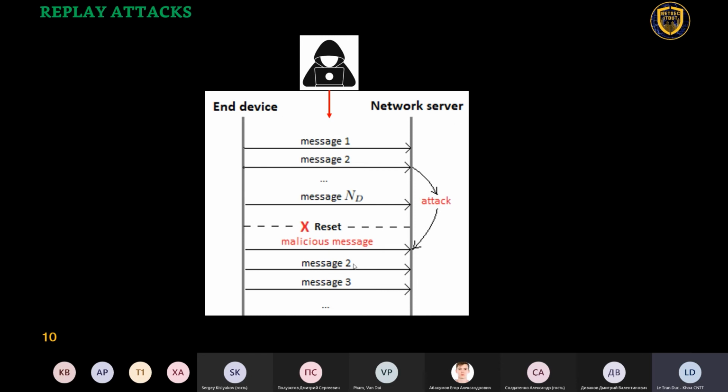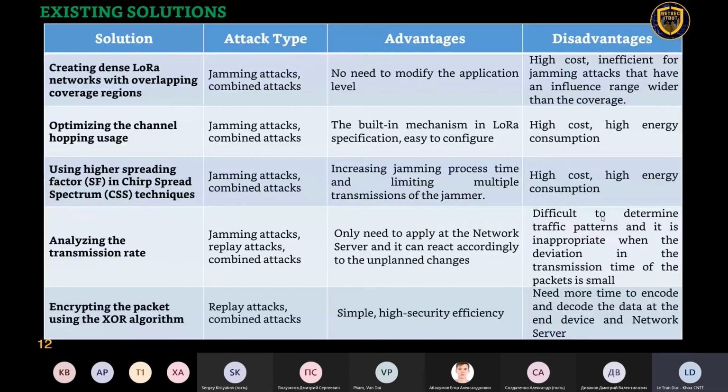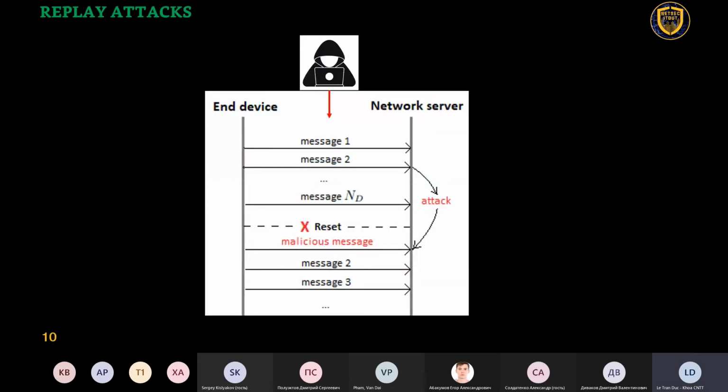For example, in this figure, you can see that the message from the end device can be captured and modified, and then the attacker sends that modified message to the network server so that he can inject the malicious message. In some cases, he can even spread malware to the network server. So it is a critical attack in a LoRaWAN network.